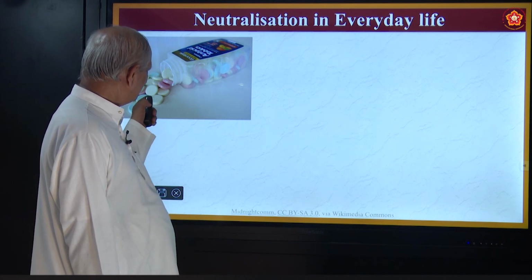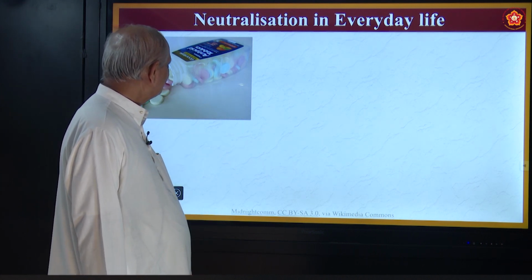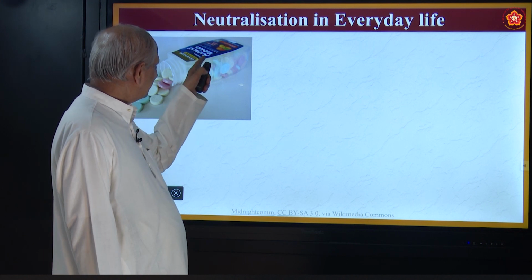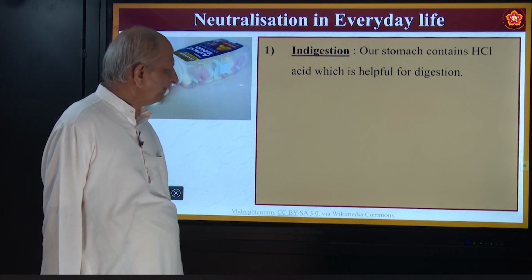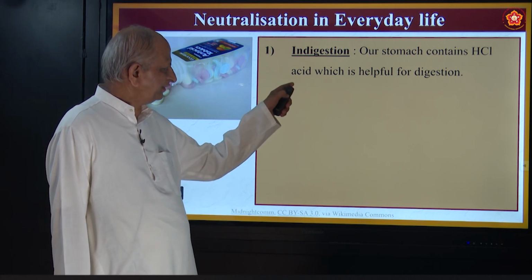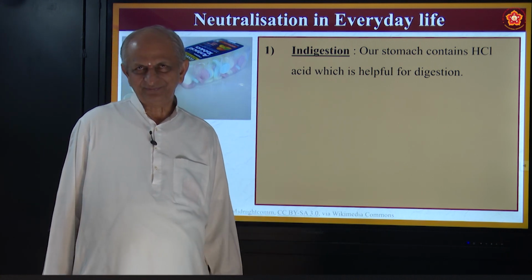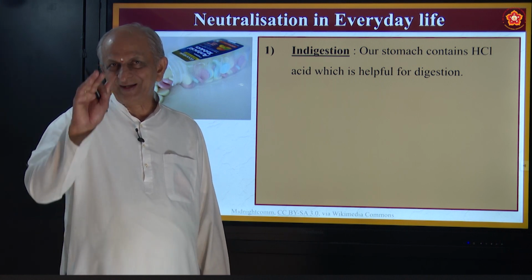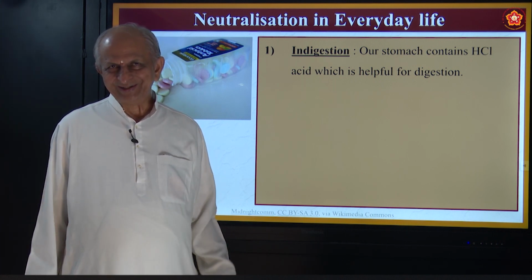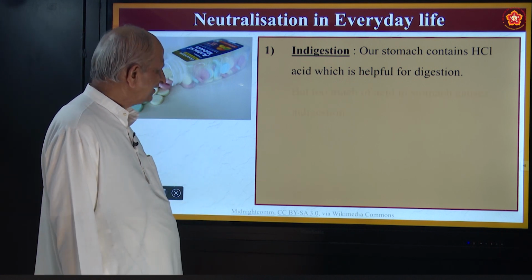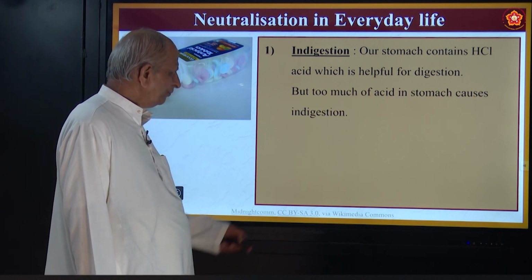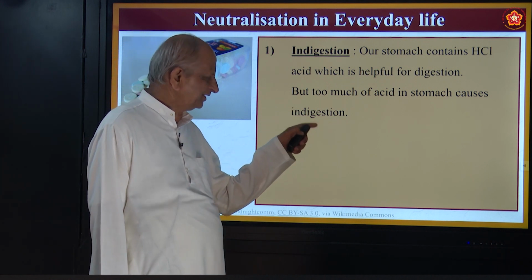Here you see beautiful tablets, they are called antacid tablets. Our stomach contains HCl acid which is helpful for digestion. Everything should be normal, neither more nor less. But too much acid in the stomach causes indigestion.